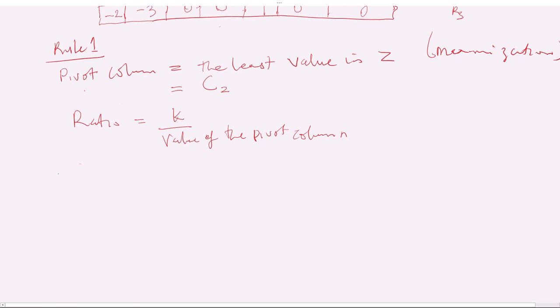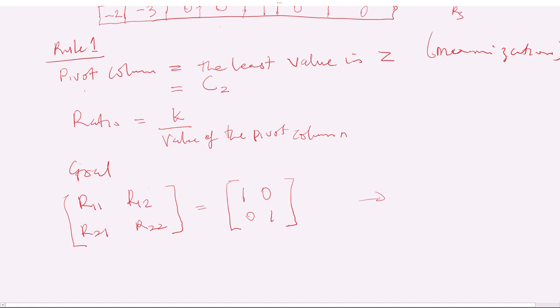The goal is to have R11, R21, R12, R22 equal to 1, 0, 0, 1. So that's the goal.